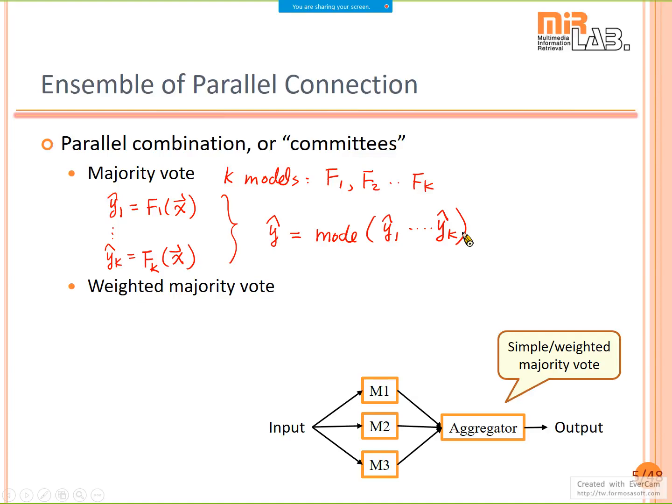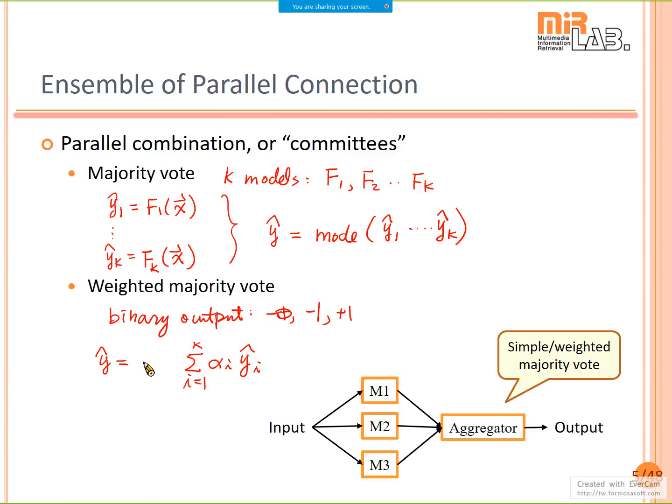But on the other hand, we can use weighted majority vote. For instance, if we assume it's a binary classification, so we have a binary output. Binary output could be -1 or +1. So the overall output y hat is a linear combination, summation of alpha j times y j hat, where j ranges from 1 to k. So this is a linear combination.